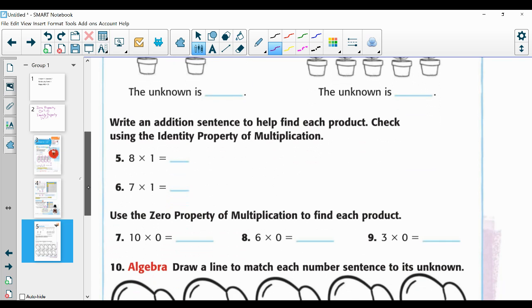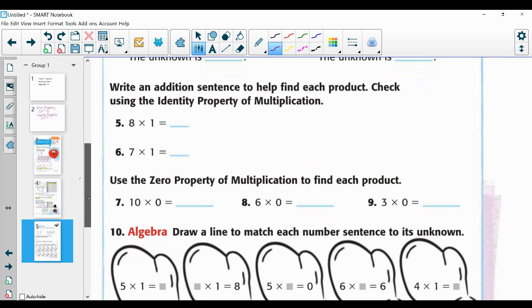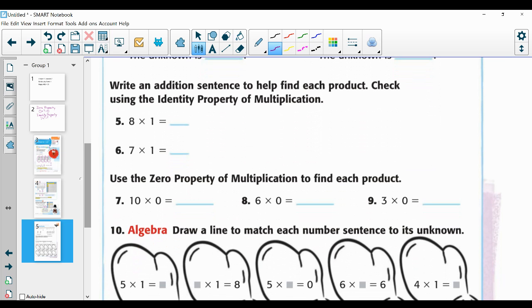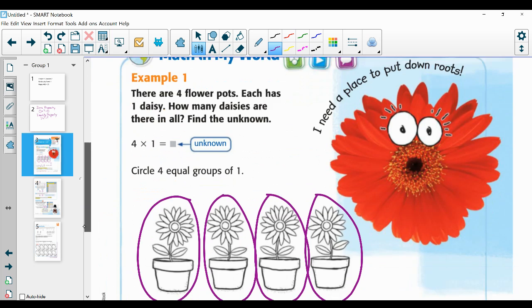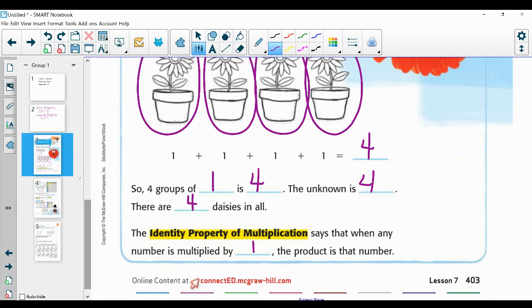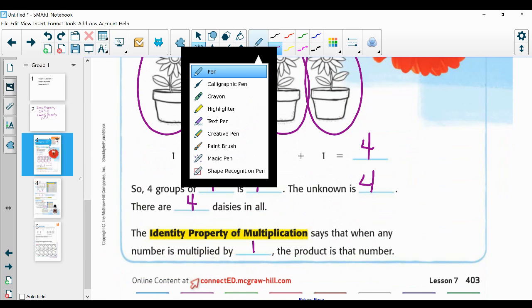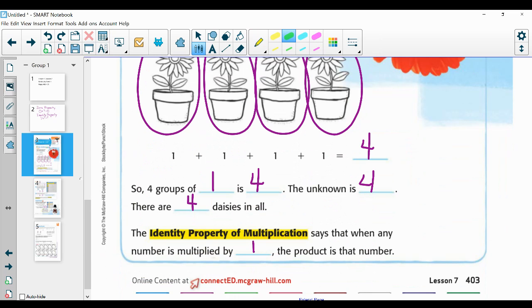Write an addition sentence to help find each product. Check using the identity property of multiplication. If you're not sure how to do 5 and 6, you can look back here on the first page and you can see that we wrote a repeated addition sentence right here.